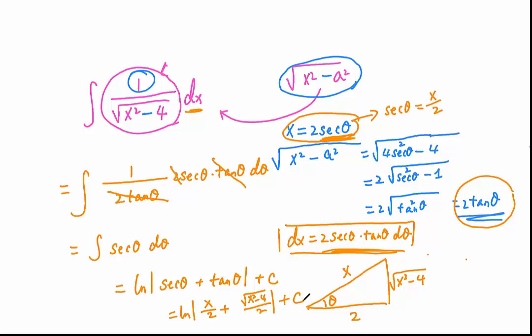Okay. My question is, from where it says integration of secant theta d theta, we don't have integration of theta to the left, but we simplify from there to the next, to the ln.